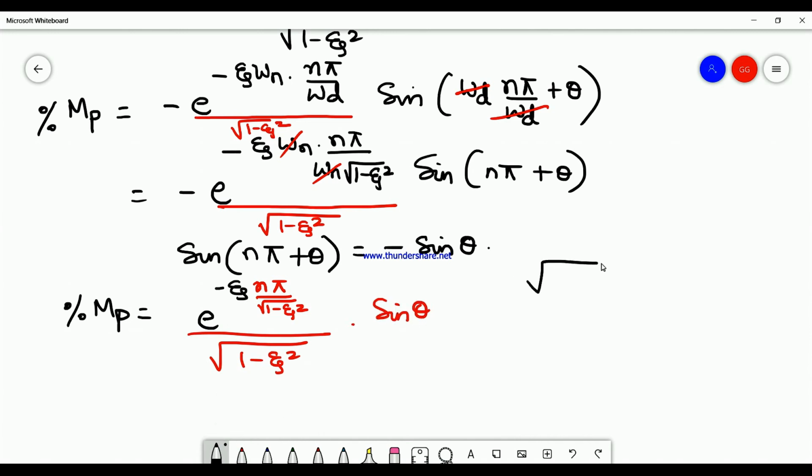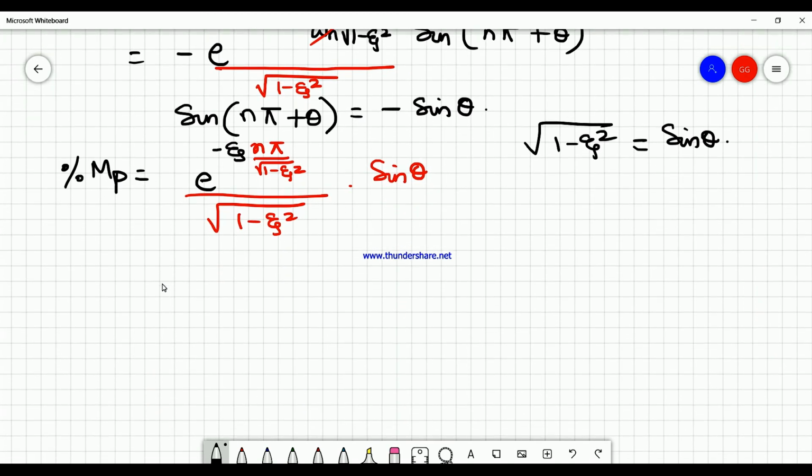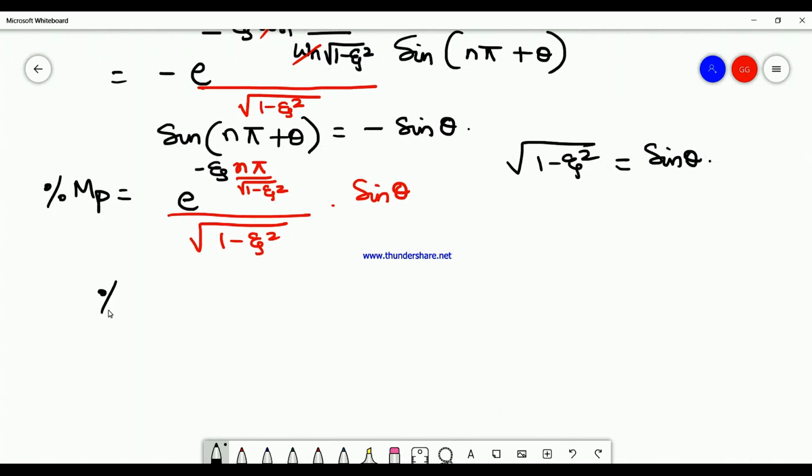Now what is square root of 1 minus zeta square? While deriving the response that we have seen, it is equal to sin theta, right? So I will substitute square root of 1 minus zeta square as sin theta. Therefore percentage MP equals e power minus zeta n pi by square root of 1 minus zeta square divided by sin theta into sin theta.